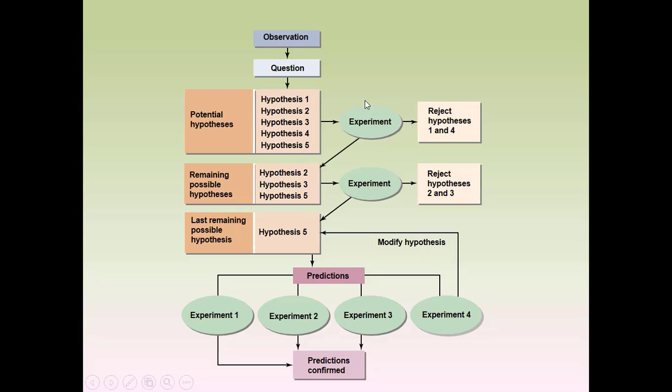So then we perform an experiment. So maybe I simply replace the battery, okay? If my car does not start after I replace the battery, I can reject that hypothesis. That leaves several hypotheses left. Maybe that it's the wires, ignition wires.